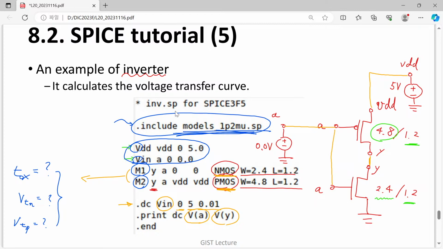For example, if you are working with a certain foundry company, then to them, the performance of their transistor is really confidential, their IP. So they do not disclose it everywhere.